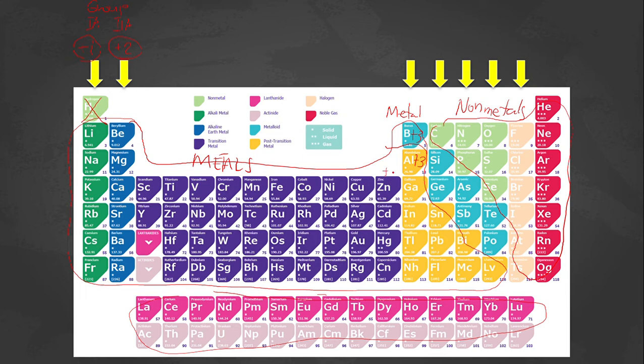And zinc is positive 2. And silver is also a metal with fixed oxidation number. Positive 1 naman yan. Okay? So, yan yung mga kailangan nyo tandaan. Yung mga nasa group 1A, group 2A, yung boron, aluminum, zinc, and silver. Alam ko yung cadmium, positive 2 rin yan.